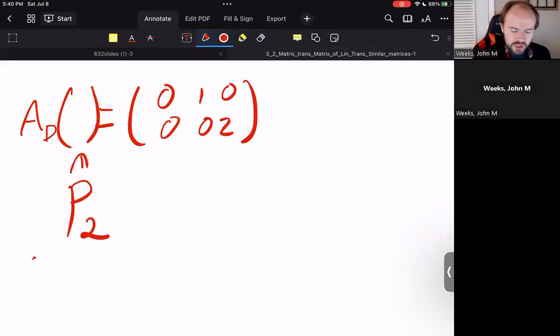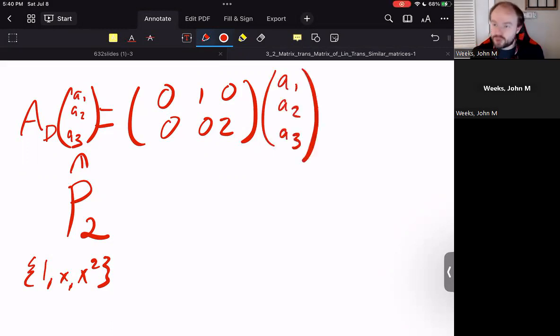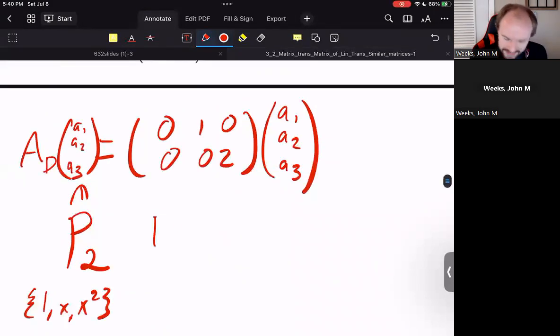So it's going to be written in terms of the standard basis 1, x, and x squared, right? So we'll call that a1, a2, and a3. Now we have written the matrix that goes with this linear transformation, so it's just going to be this sort of matrix multiplication. So let's try this out. Let's go ahead and plug in an example. What happens if we take the derivative of the polynomial inside of P2?